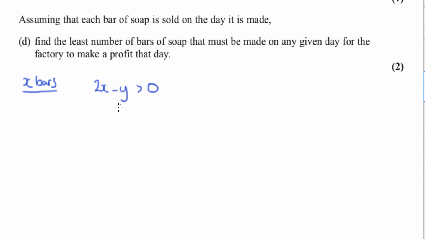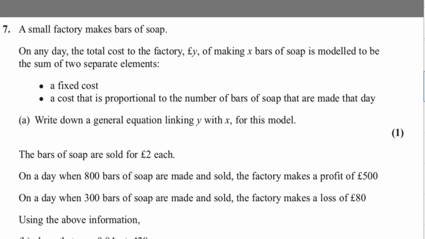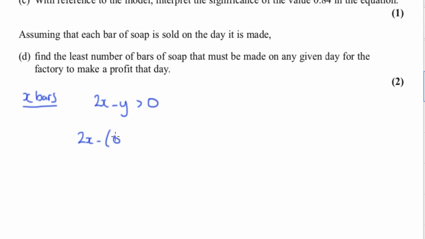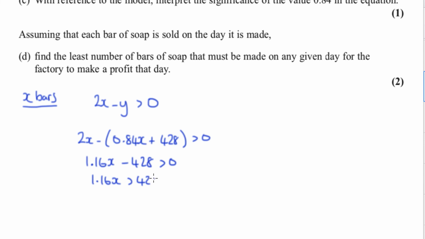So if we substitute the y in for the actual equation that we found for y, which was 0.84x plus 428, and solve that, we're going to get 1.16x minus 428 needs to be greater than 0. 1.16x needs to be greater than 428. So x is going to need to be bigger than 428 over 1.16.